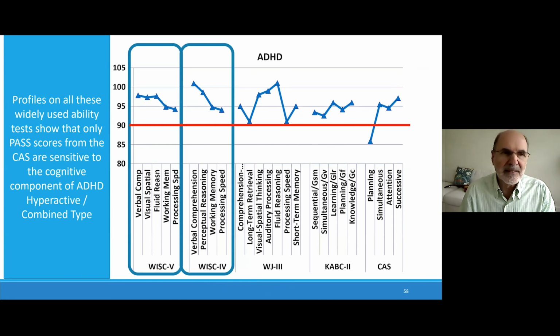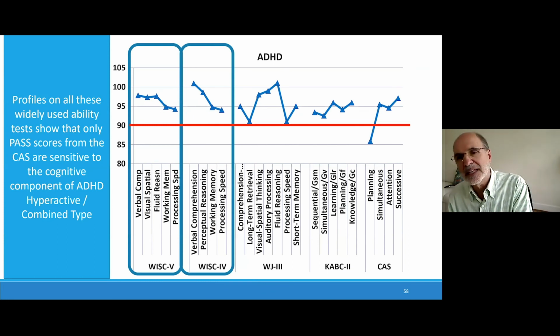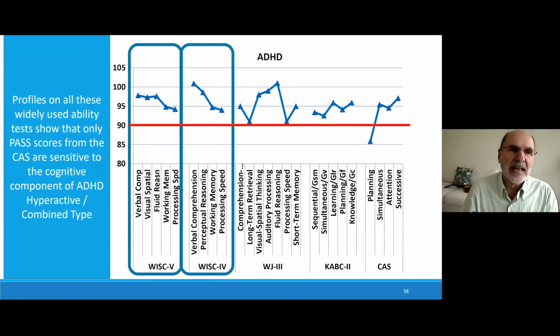So on this complicated chart, I have profiles that are associated with all the different IQ tests out there. And all these data come from the different test manuals and such.